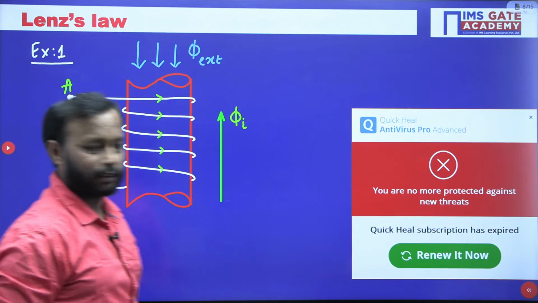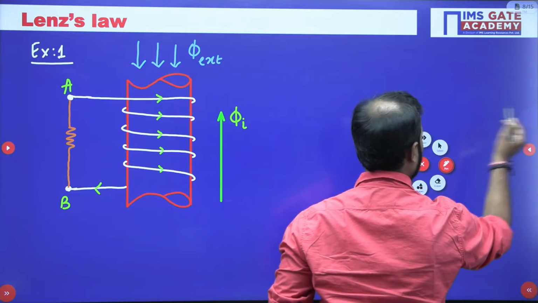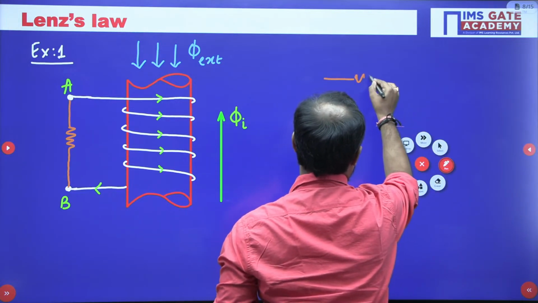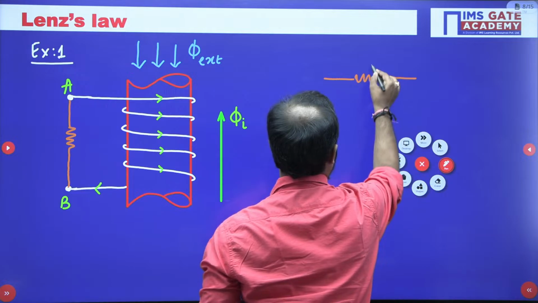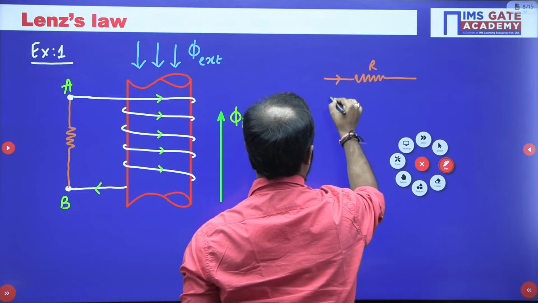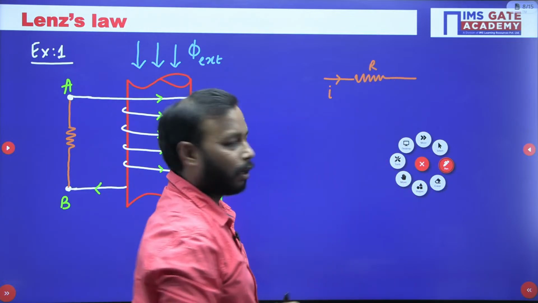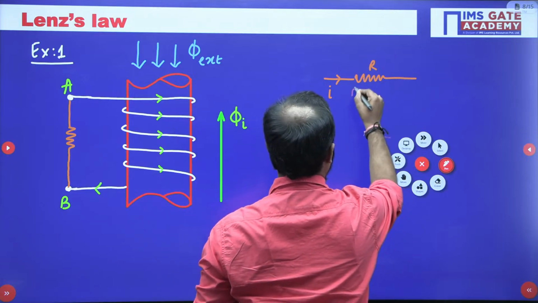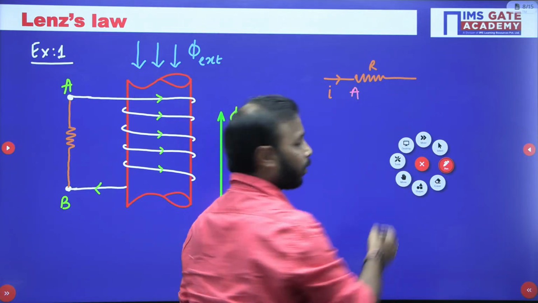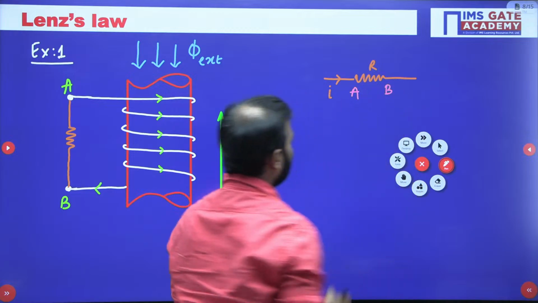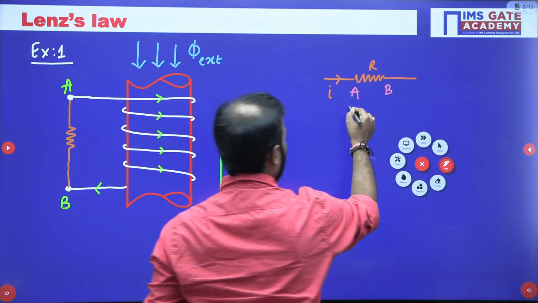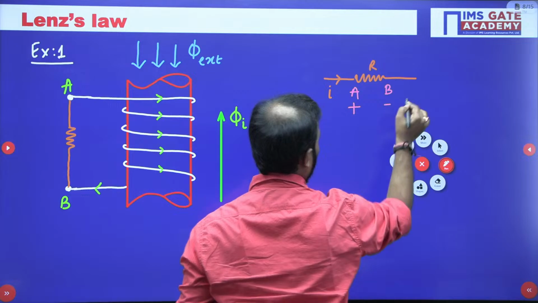So this is my fictitious resistance. Now suppose in this resistance a current I is flowing. Then what is the polarity of A and what is the polarity of B? So A will have plus, and B will have minus.